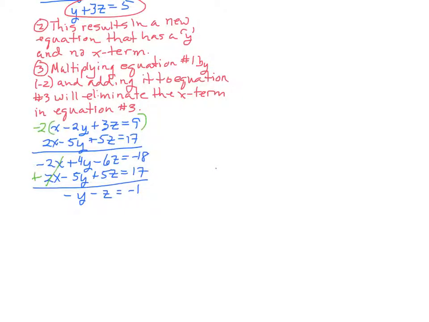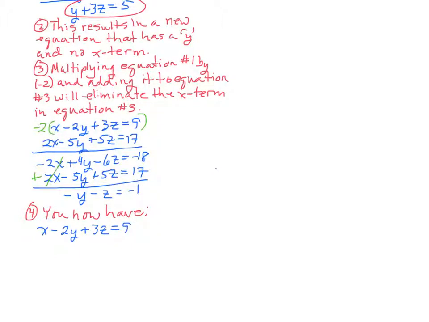So at this point, let's write what we have. We have 3 equations. Step 4, you now have, we're just going to take a little breather here. Our first equation, we kept: x minus 2y plus 3z is equal to 9.